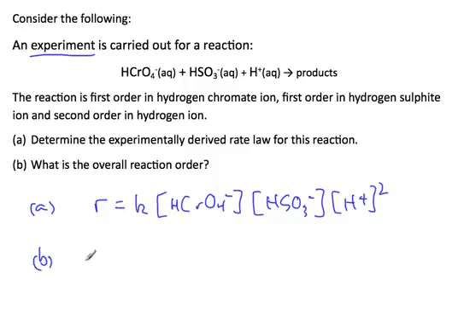What is the overall reaction order? Remember, overall order, sum of the reaction orders of the reactants. So that's going to be 1 plus 1 plus 2. So this is a fourth order reaction. First order in hydrogen chromate, first order in hydrogen sulfite, second order in hydrogen ion, fourth order overall.